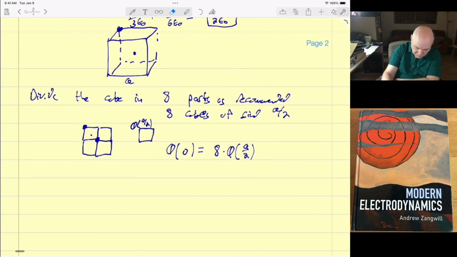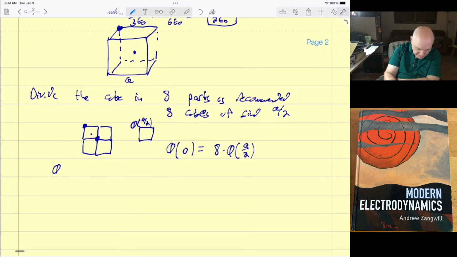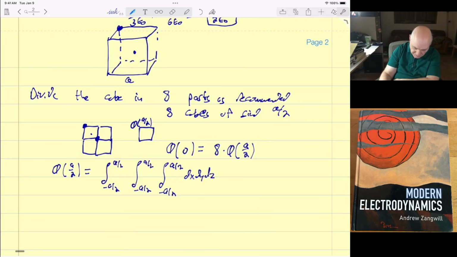Well, phi at A over 2 would just be, we would integrate from minus A over 2 to A over 2, the integral from minus A over 2 to A over 2, the integral from minus A over 2 to A over 2, dx, dy, dz, rho over the square root of x squared plus y squared plus z squared.